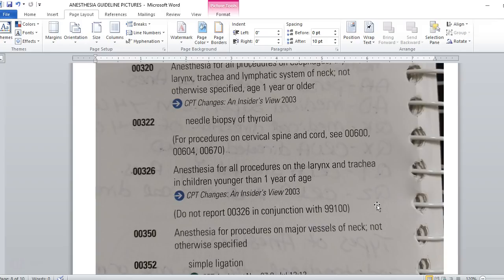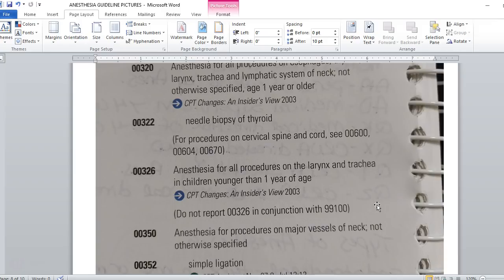If the code describes a modifier or an add-on code, we cannot then use the modifier or add-on code. Because this procedure says younger than 1 year of age and add-on code 99100 says that is for procedures on children younger than 1 year of age, we can't use them together. That's considered what we call double dipping or double billing.